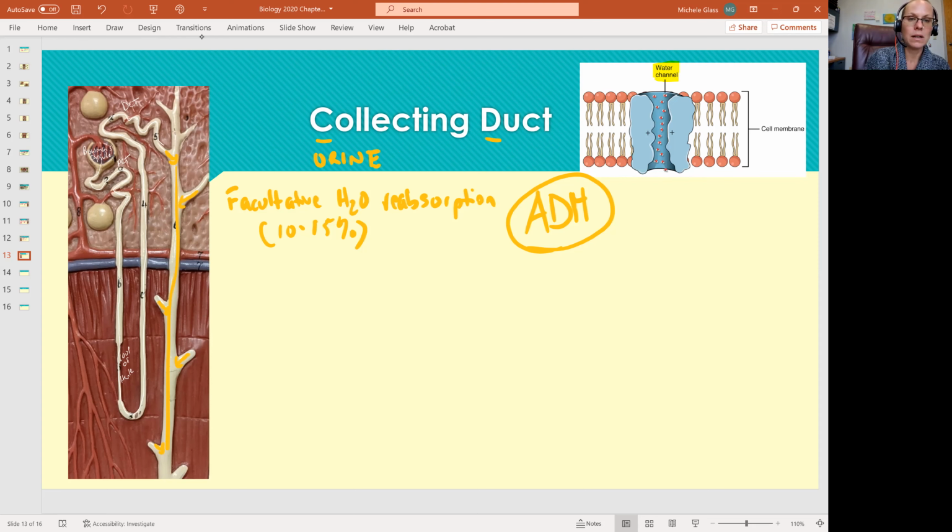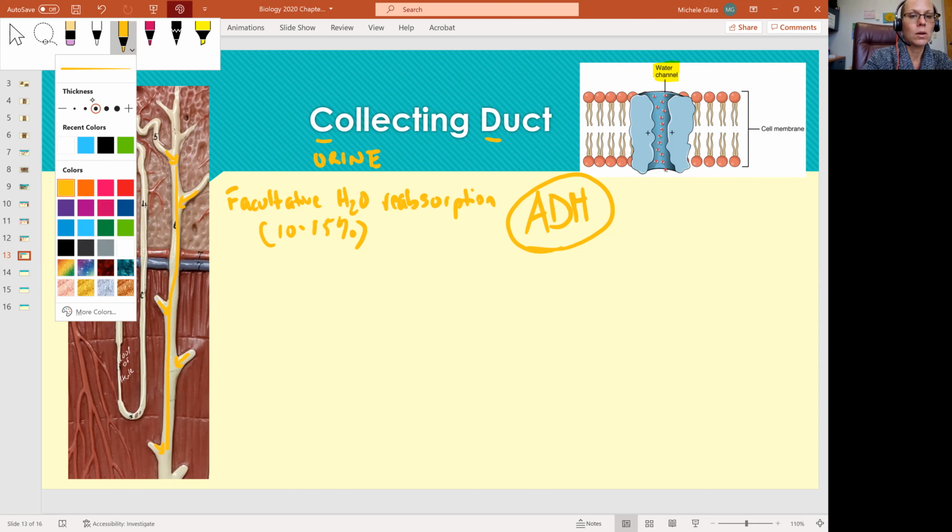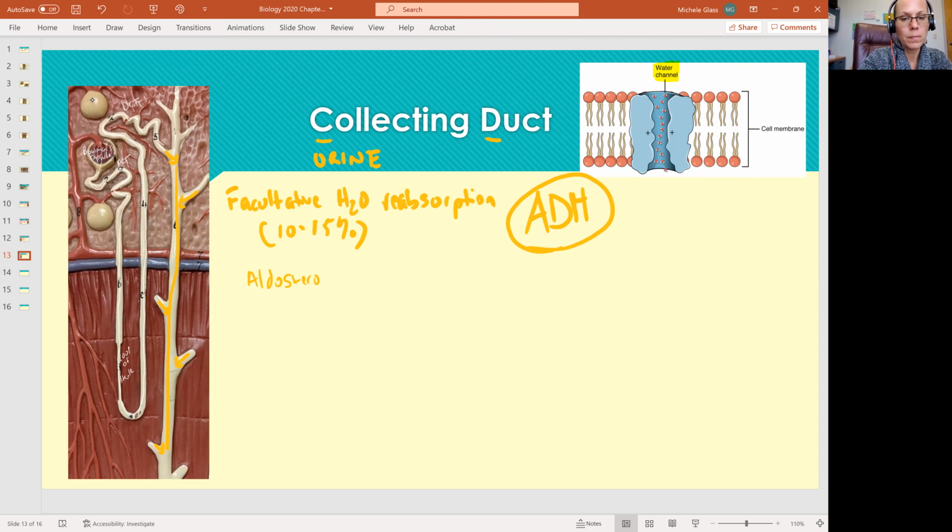When we talk about the collecting duct, we also see aldosterone can work here to increase sodium ion reabsorption.